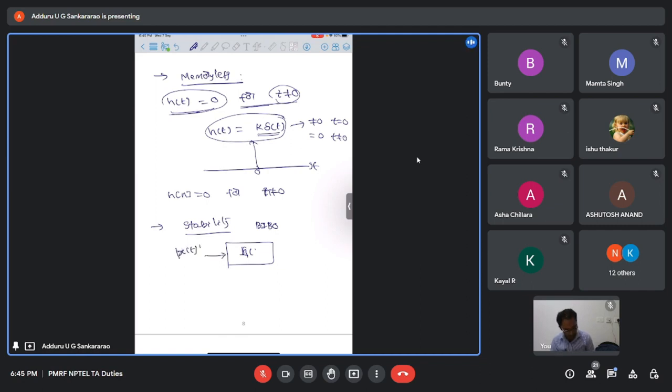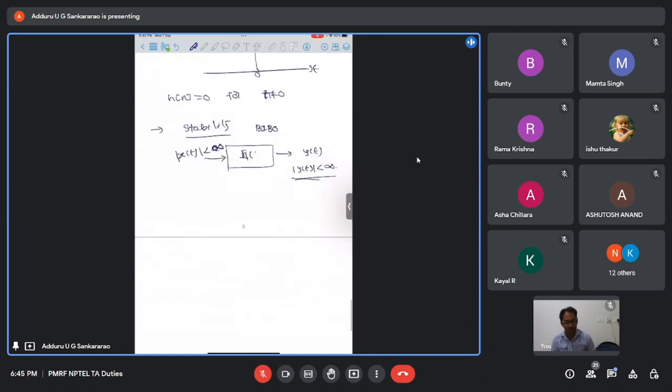That means input is less than some constant. Bounded means it is not infinite. And let us say for that input I get some output. If the output is also bounded, less than infinity, then we will say the system is stable.